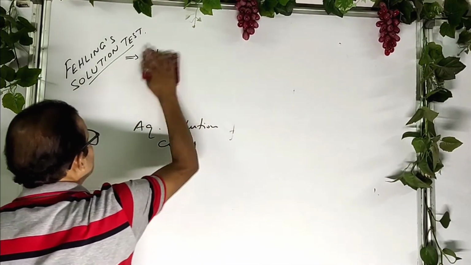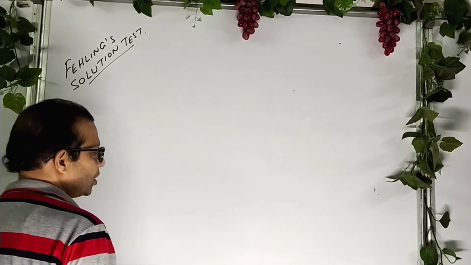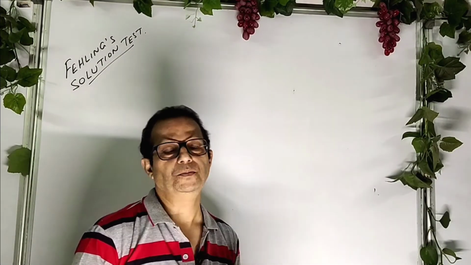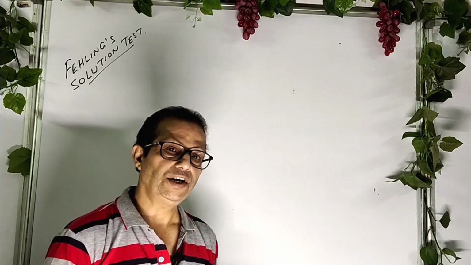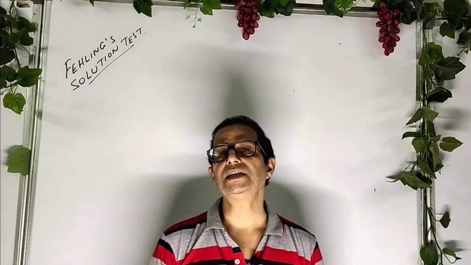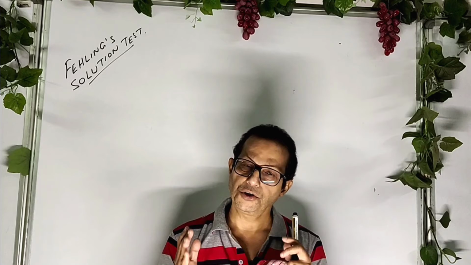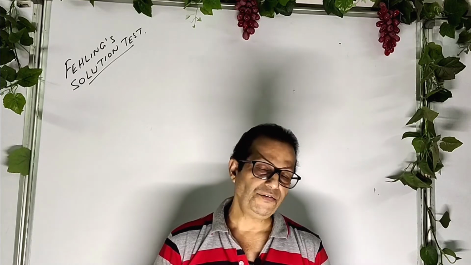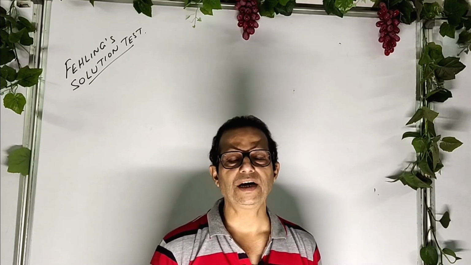Actually, during Fehling solution test, copper hydroxide is formed as reaction intermediate, which is actually responsible to oxidize the aliphatic aldehydes to corresponding carboxylic acid.